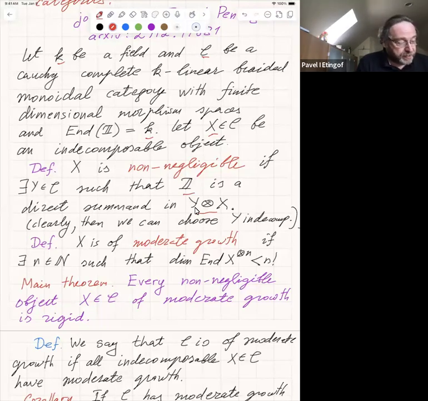Actually, it's not strictly weaker; none of them implies the other. But let's say in a semi-simple category, it's a weaker version of rigidity. So this Y would be like a weak dual of X. And if it exists for an object X, then actually it must be rigid. And the only real condition here, which is not usually imposed, is moderate growth.